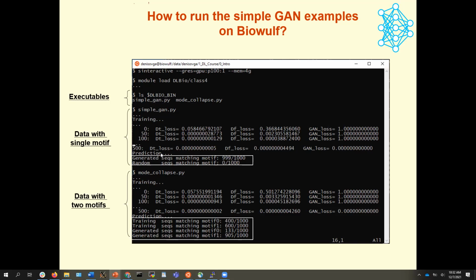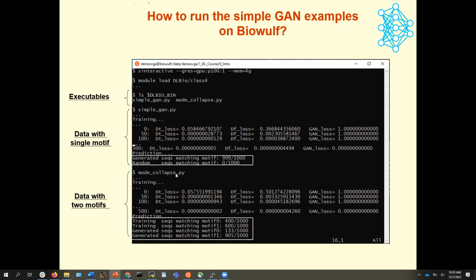In the first example, after training, we generated 999 good sequences with motif out of 1,000. So only one sequence for some reason was not produced. It did not contain the motif, and that's for one of the motifs.